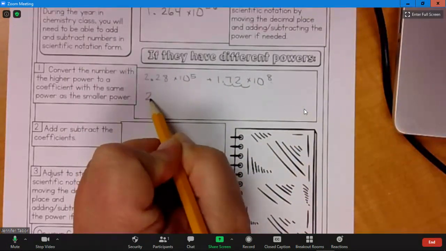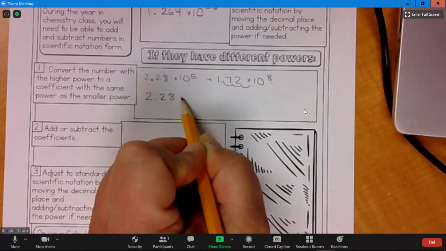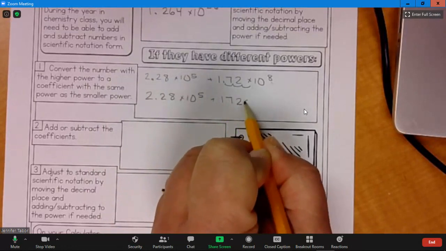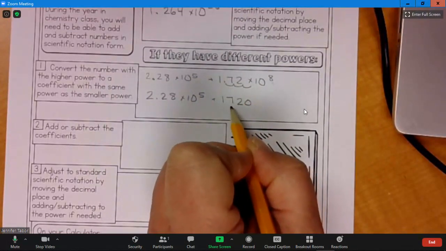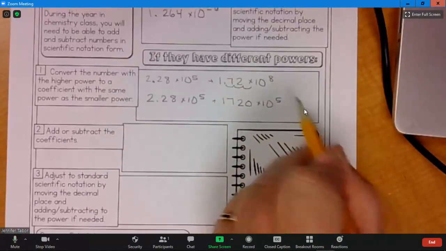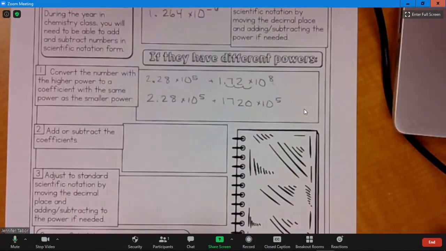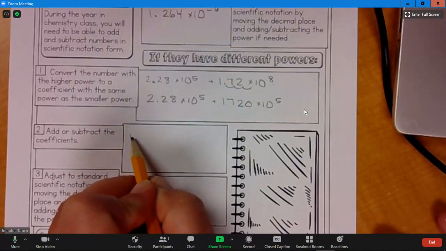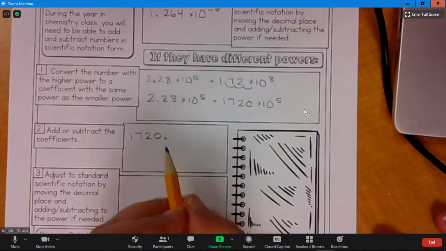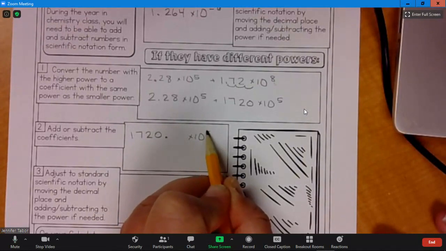So then we end up with 2.28 times 10 to the 5th plus 1720, because we moved that decimal point 3 places, times 10 to the 5th. Now I can add those numbers together. I'm going to put the bigger one on top, 1720, there's my decimal point, right, times 10 to the 5th.